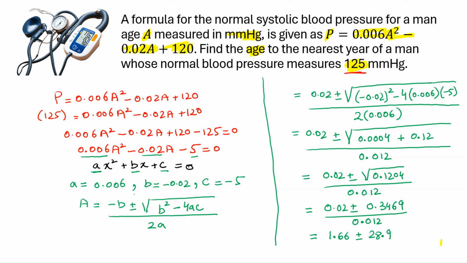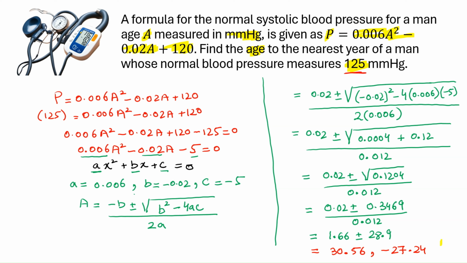One of them will be added and the other subtracted. 1.66 plus 28.9 is around 30.56, and 1.66 minus 28.9 is negative 27.24. So one root of the quadratic equation is positive and the other is negative.